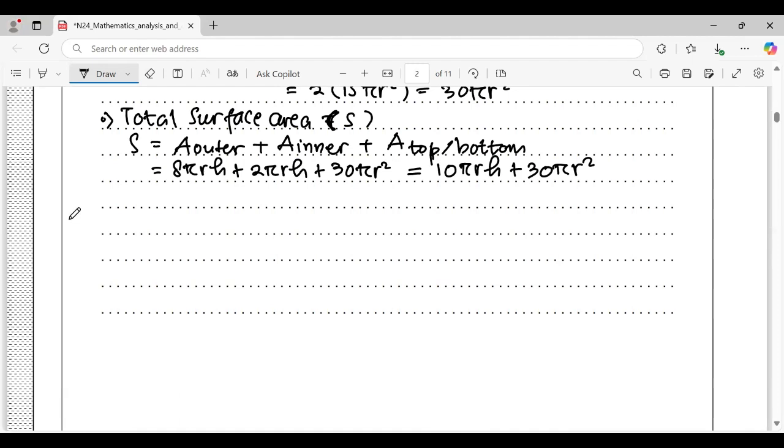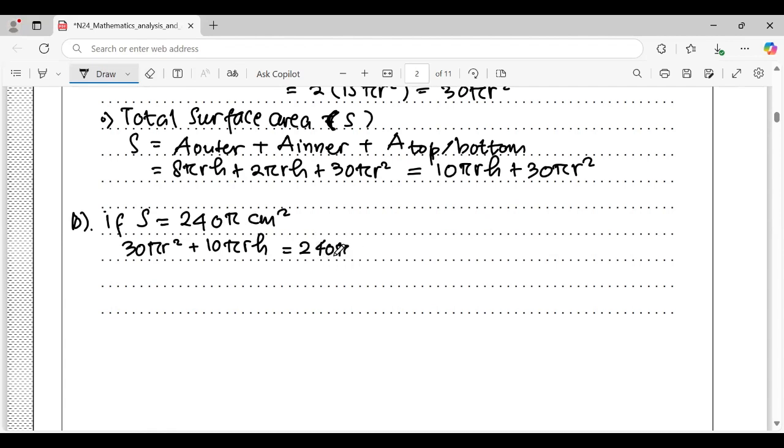Part B. If total surface area is 240 pi centimeter square, it means this is equal to 240. It means 30 pi r squared plus 10 pi r h equals 240 pi.